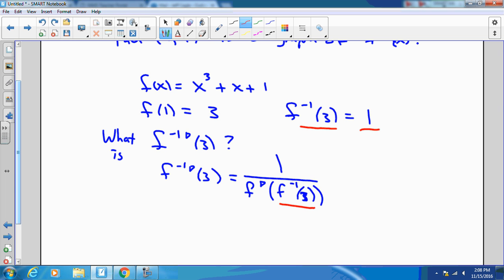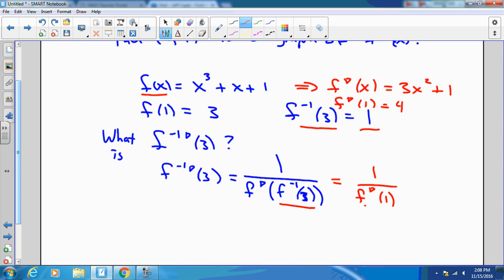I know already that f inverse of 3 is equal to 1. So I can replace f inverse of 3 with 1. And I can now find f prime of 1 by going back to f and computing f prime. So that f prime of 1 is 4, and f inverse prime of 3 is therefore the reciprocal, or 1/4.